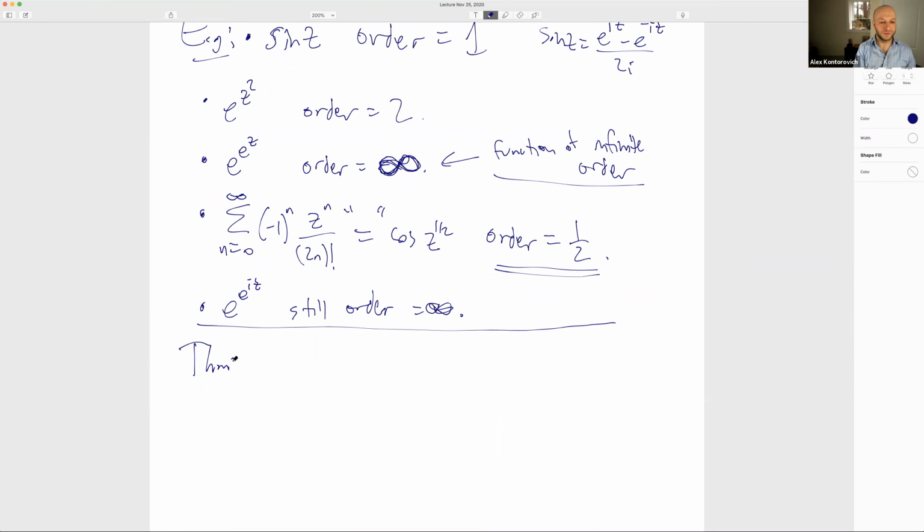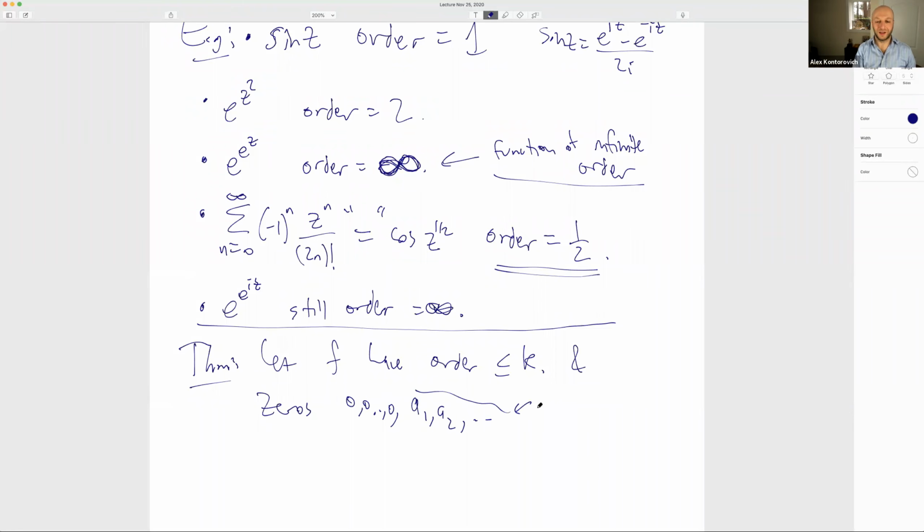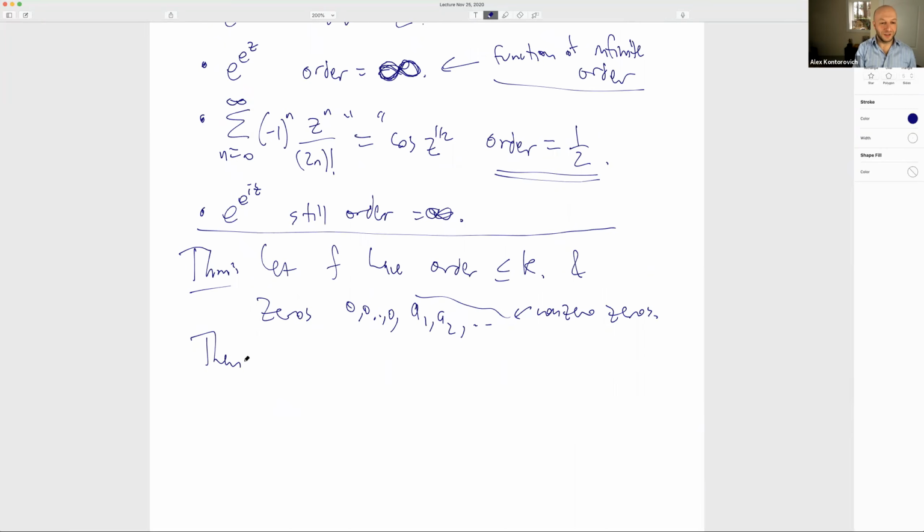The theorem is the following: let f have order at most k, and zeros with some multiplicity at 0, possibly empty, and then the non-zero zeros. It can vanish at the origin however many times you want, and then the non-zero zeros. If it has finite order, then two things.